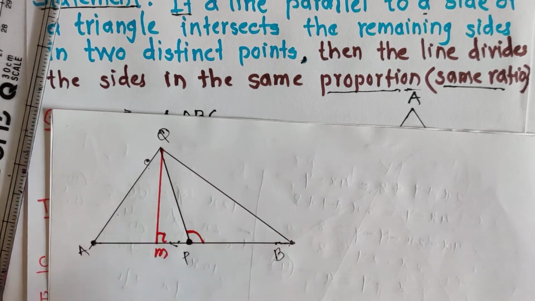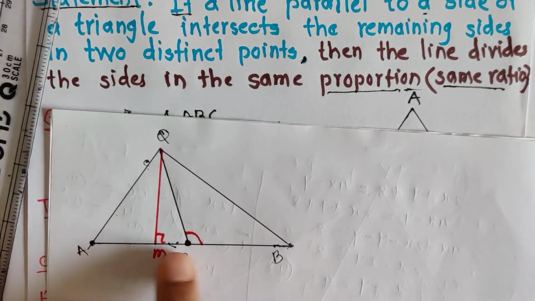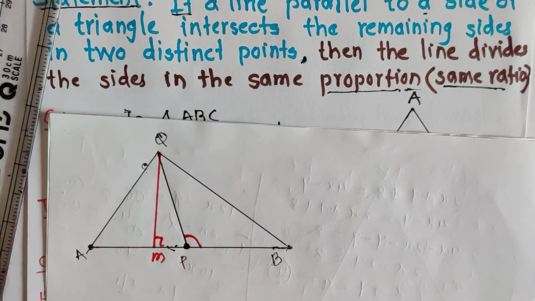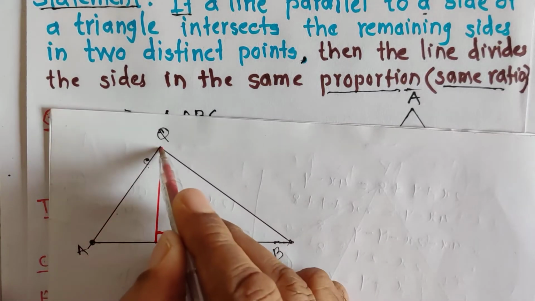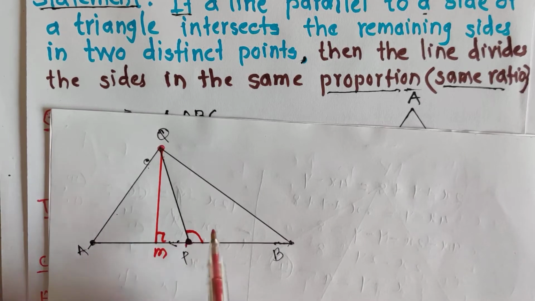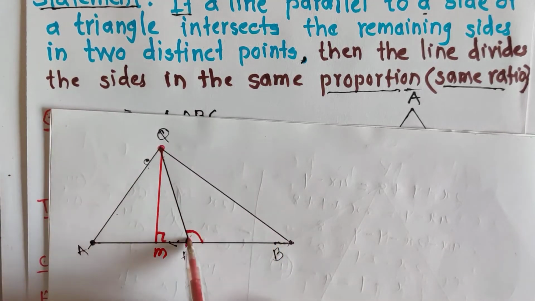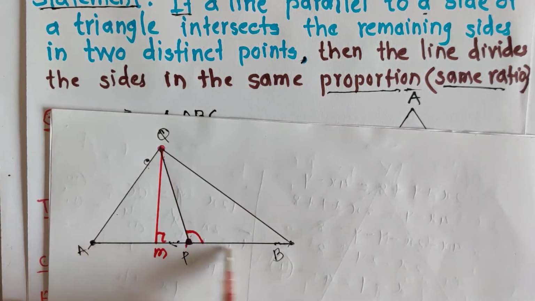AP and PB, these are the bases. So we can write area of triangle APQ upon BPQ is equal to AP upon PB, because these are triangles of equal height. Again, how to decide whether the triangles are of equal height? In APQ and BPQ, two common vertices are there, and the sides opposite to one of the common vertices are in a straight line.